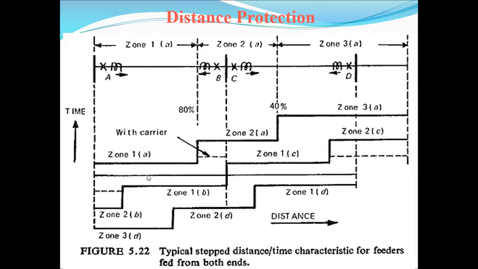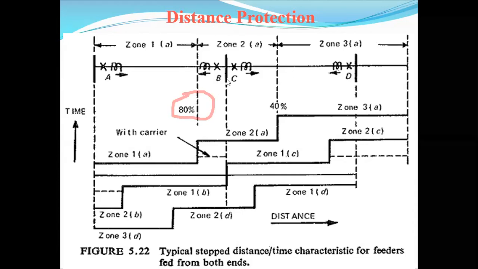Then a graph is drawn, observed between distance and time. First of all, the zone 1 relay coil operates for 80% of the present protection. This is the zone 2 relay coil.